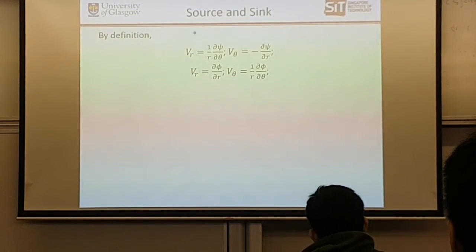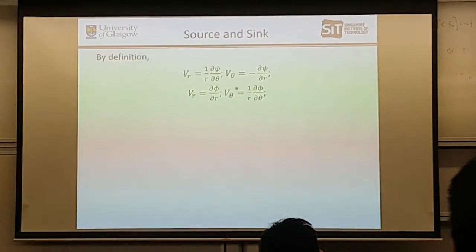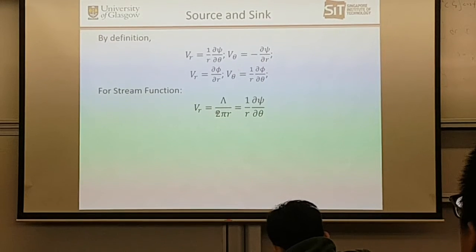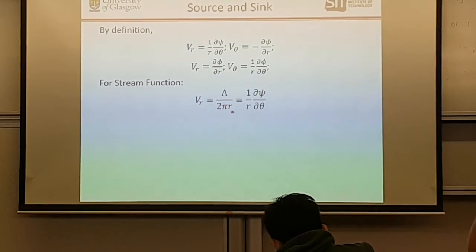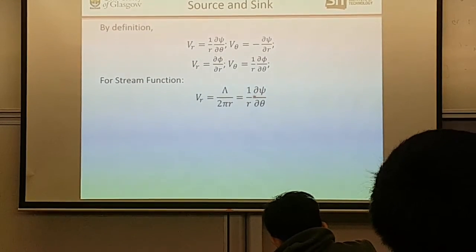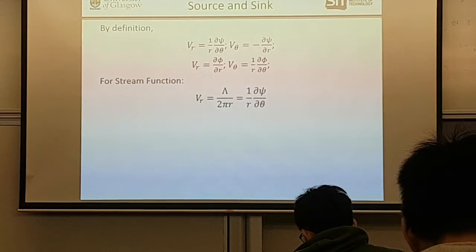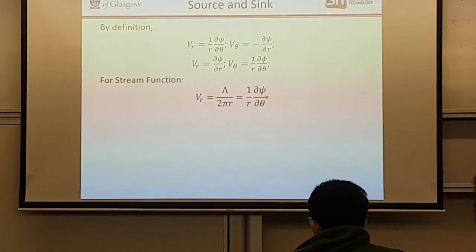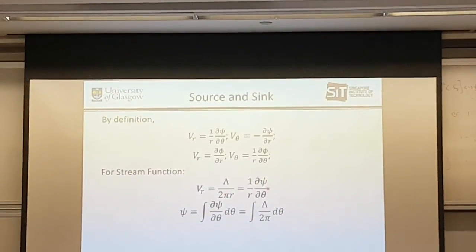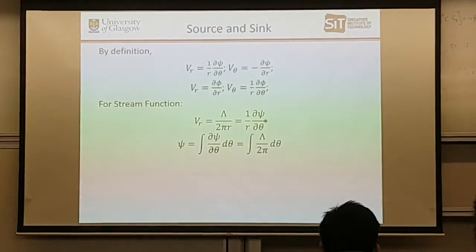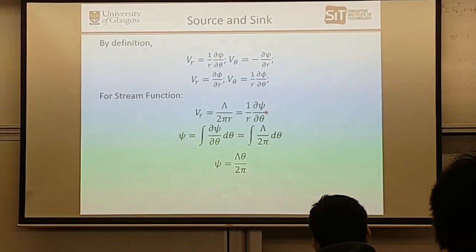For the stream function, V_R equals the source strength over 2 pi r, which equals 1 over r times delta psi over delta theta. How do I find the stream function? I integrate, and I get the stream function equals the source strength times theta over 2 pi.